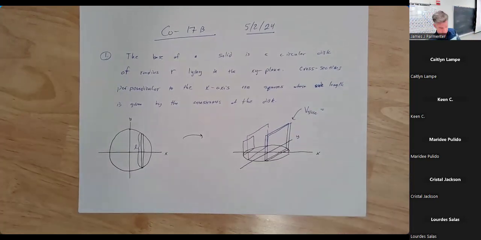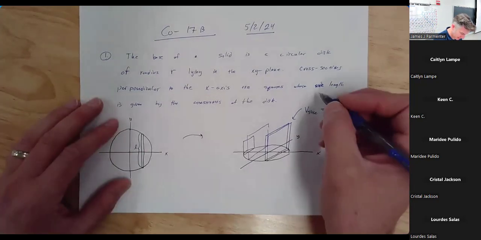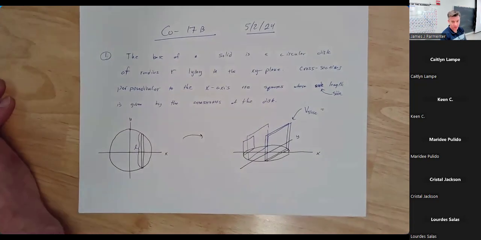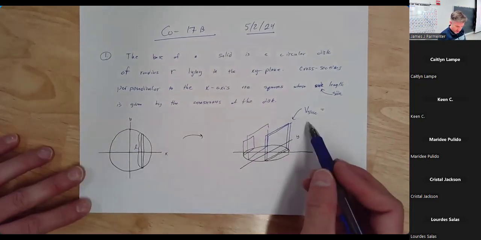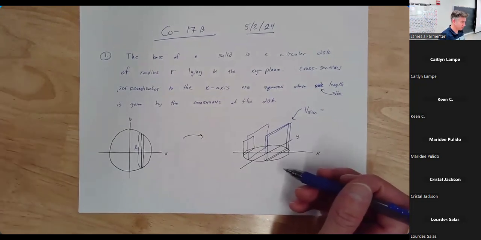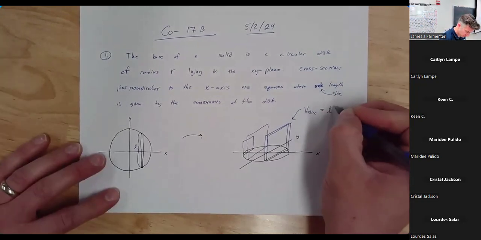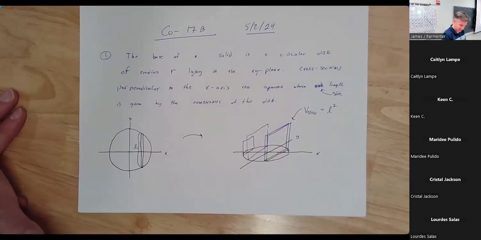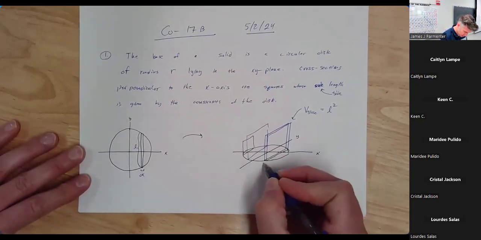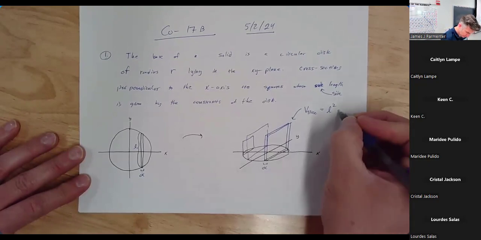And it's not crossed out, it's just written poorly. It says side length there. The volume of our slice here is the area of a square. Great, we know how to find the area of a square. It's just the side length squared times the thickness, which is a small change in x.